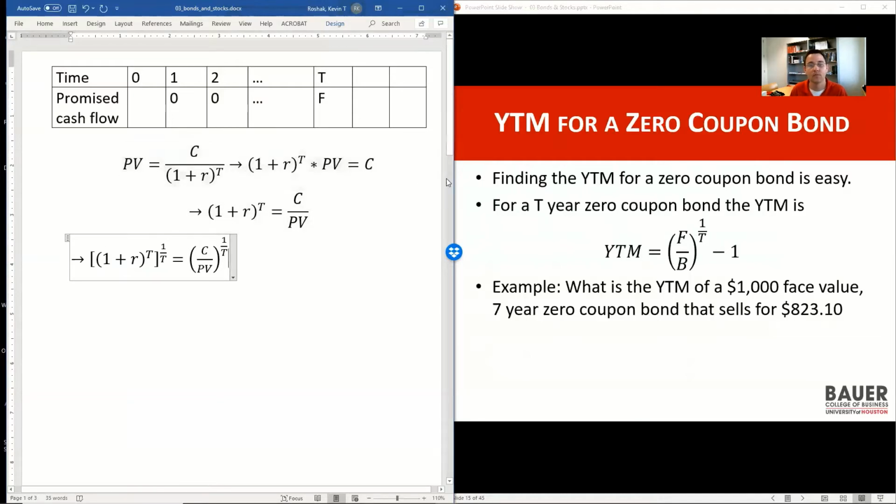Okay. So to simplify, we're left with 1 plus R is equal to C divided by PV raised to the 1 over T. Now we're almost there. We just have to solve for R. So we subtract 1 from both sides.